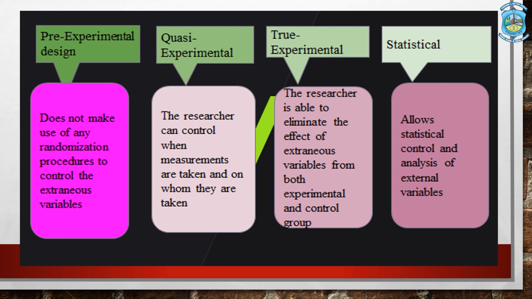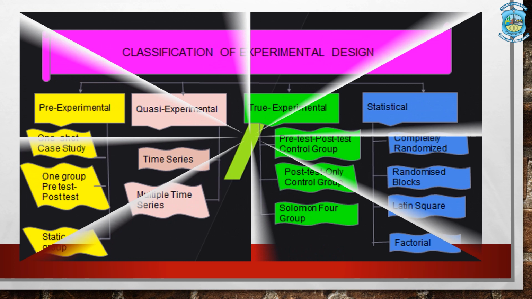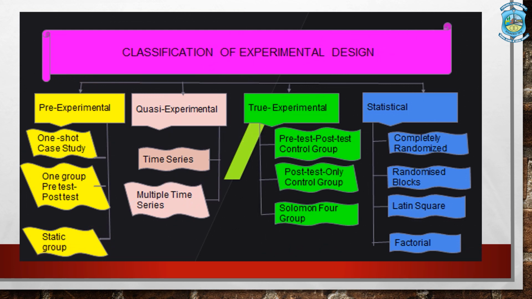Just have a quick look at the classification of the experimental designs. As I have already discussed, we have the pre-experimental, and under the pre-experimental there are different methods. We have the one shot case study, we have the one group pre-test, post-test, we have the static group. Under quasi-experimental, we have the time series and we have the multiple time series.